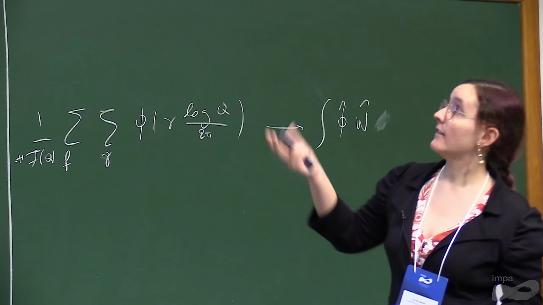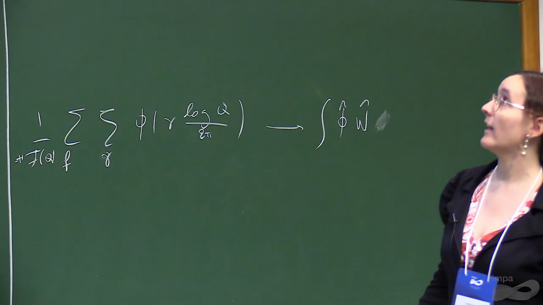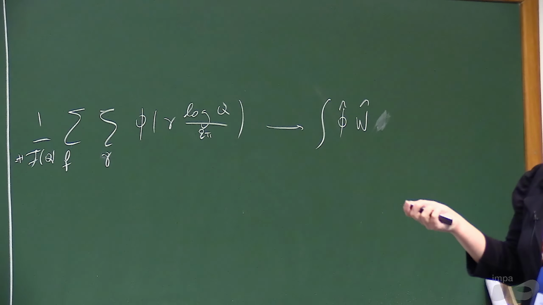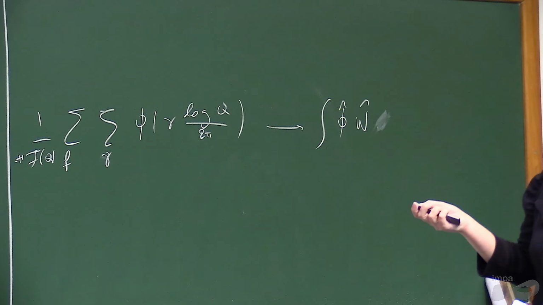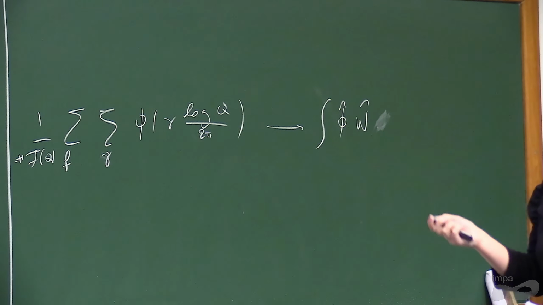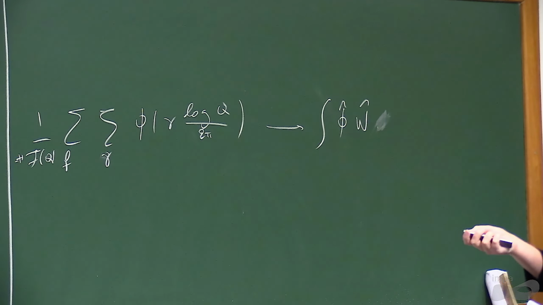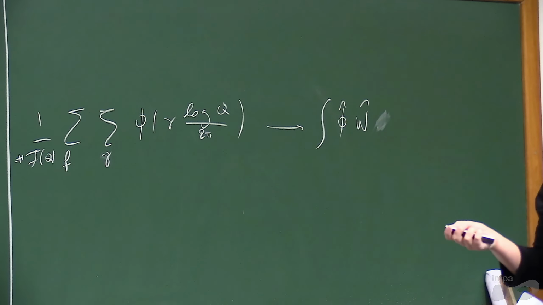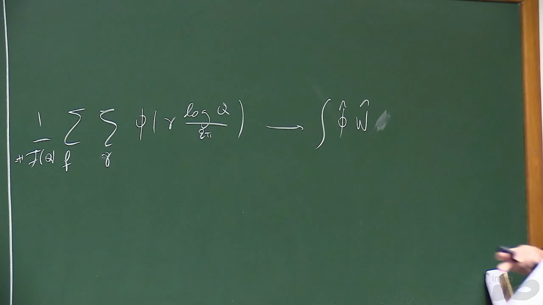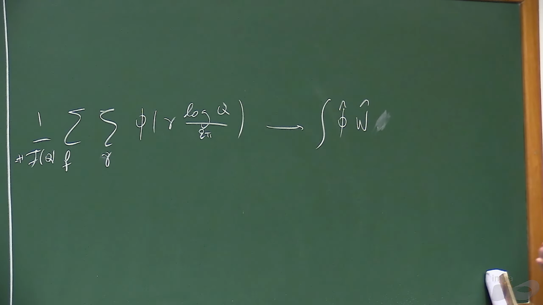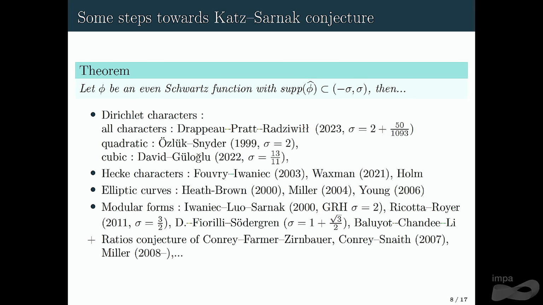And so there is a bunch of results. I did not write all of the results in this direction, but there is this very fine result of Drappeau, Pratt and Radziwill that is kind of recent, where they beat support 2, which was an impressive result, for the family of all characters. So this is unitary. And for the family of quadratic characters, here you need to range the conductor between, say, Q and 2Q, or even up to Q, I don't remember, and they have support 2.